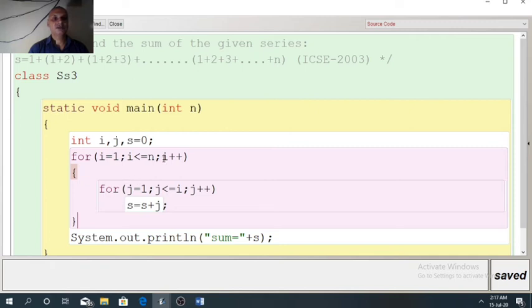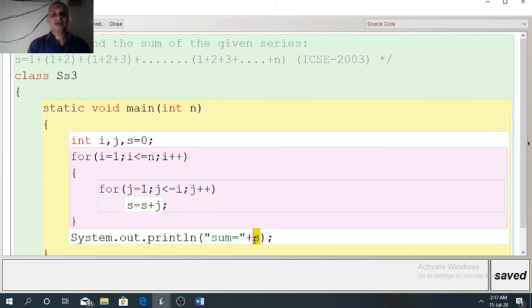Now when i will become 4, so 4 less than or equal to 3, that is false. So the outer loop is over. When the outer loop is over, then it will print the result with the message sum equal to s.